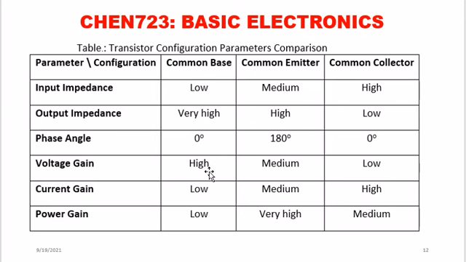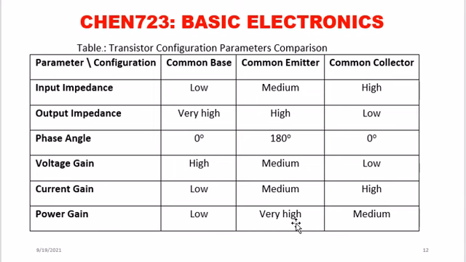Then the current gain, that's the ratio of the output current to the input current. For common base is low, for common emitter is medium, and for common collector is high. Finally, the power gain, that is the power output over the power input. For common base is low, for common emitter is very high, and for common collector is medium. So what are we saying here?